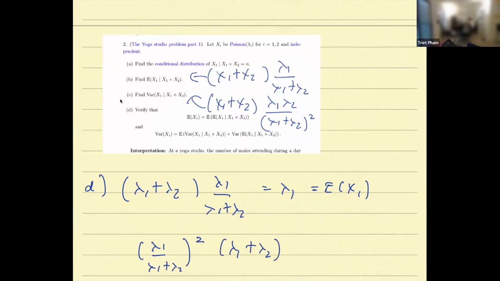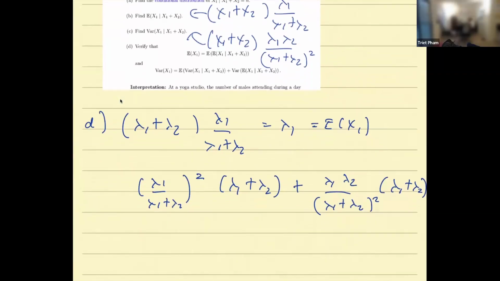The second one is easier, because in the expectation, the constant just comes out. So we have lambda 1 lambda 2 times lambda 1 plus lambda 2. Okay. Now, if everything's done correctly, this must simplify to lambda 1. Well, does it?